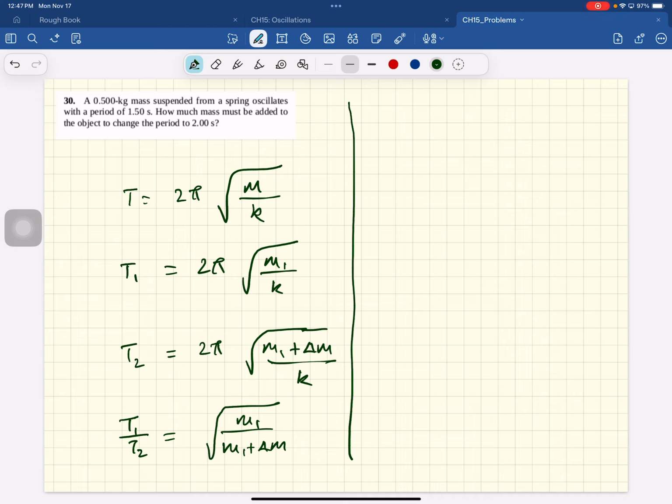All right, T1 is 1.5 seconds, T2 is 2 seconds, M1 is 0.5 kgs, 0.5 plus delta M. Okay, so we'll square both sides. 1.5 squared divided by 4.